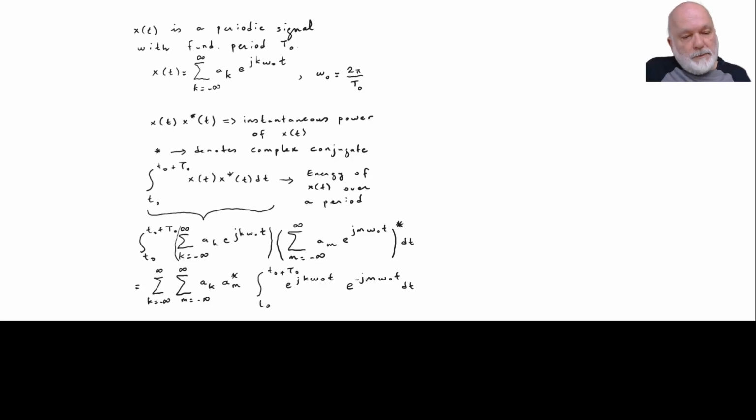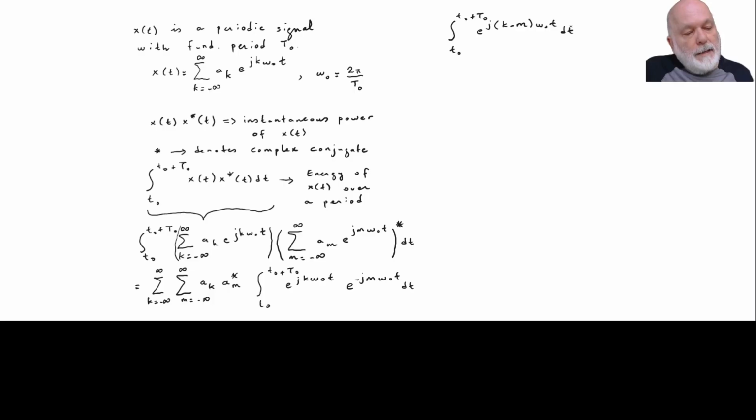Okay, let us just look at the integral from t0 to t0 plus capital T0 of e to j, now we can combine the two expressions as k minus m, omega 0 t integrated with respect to t.